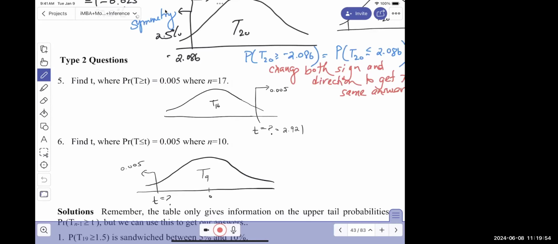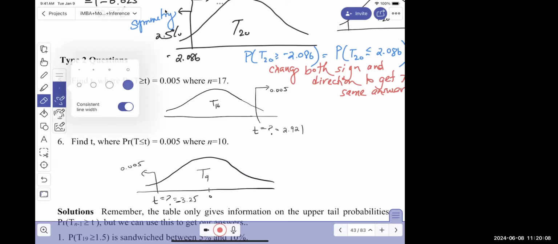So it's 3.250, but I have to know that it's a negative because it's on the left side. So it's really important to draw this. You're going to get confused otherwise.